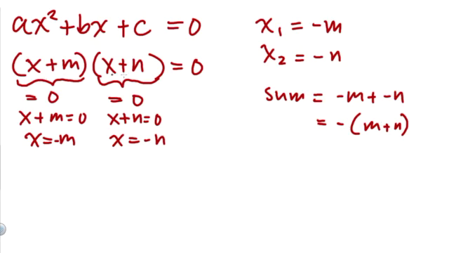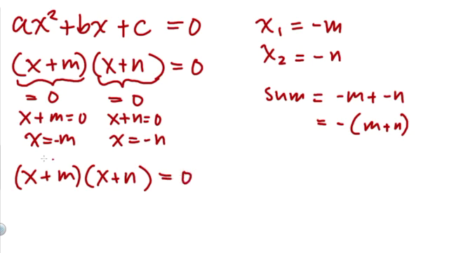Now, let's go back to this product of two binomials. Considering that x plus m times x plus n equals 0 is a factor form of the quadratic equation above, we can try to expand x plus m and x plus n and see what the numerical coefficients are for x squared and x, and what the constant is.